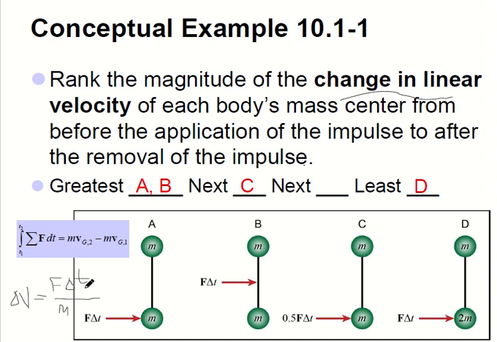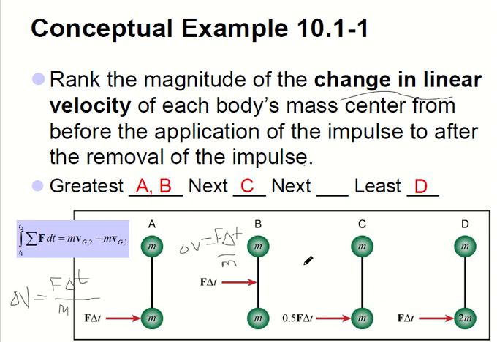So you will get the same as this: your change in linear velocity is F delta t divided by m, regardless of where you apply the force, here or here, because your velocity just depends on this amount and the mass, not on where you apply it.